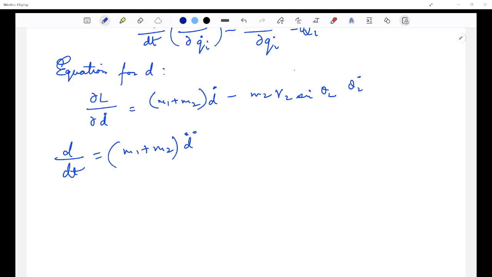All right. So what we'll get here is m1 plus m2 into d double dot minus m2 r2 into, now this term has to be differentiated with respect to time, and it has two terms, so we have to be very cautious here. Okay, so cos theta 2 into theta 2 dot.